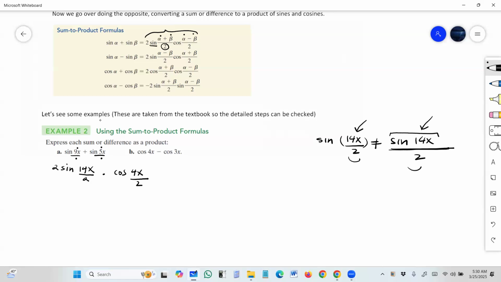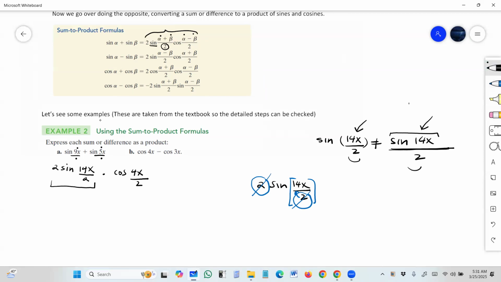Here's another thing to observe, so you don't make an algebraic mistake. Let me write it over here. This number does not simplify with that number. The 2 is dividing the angle, so you cannot simplify these two.